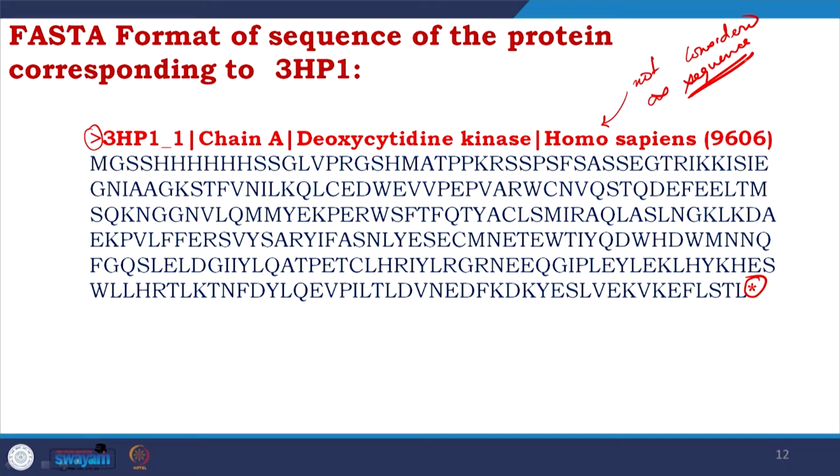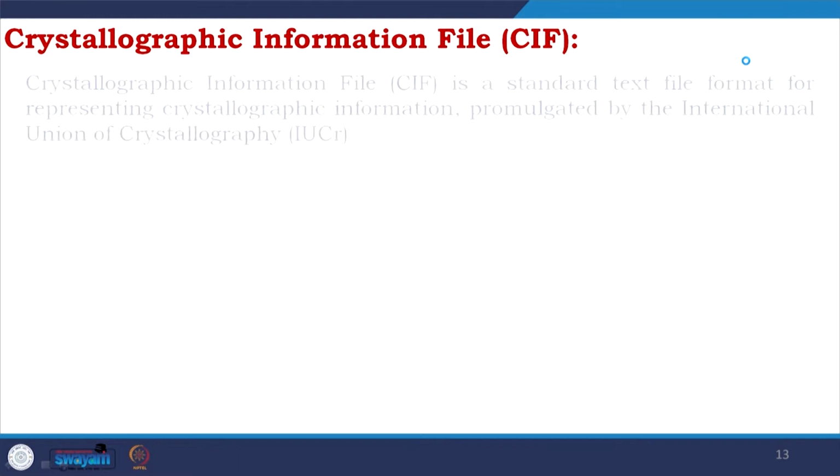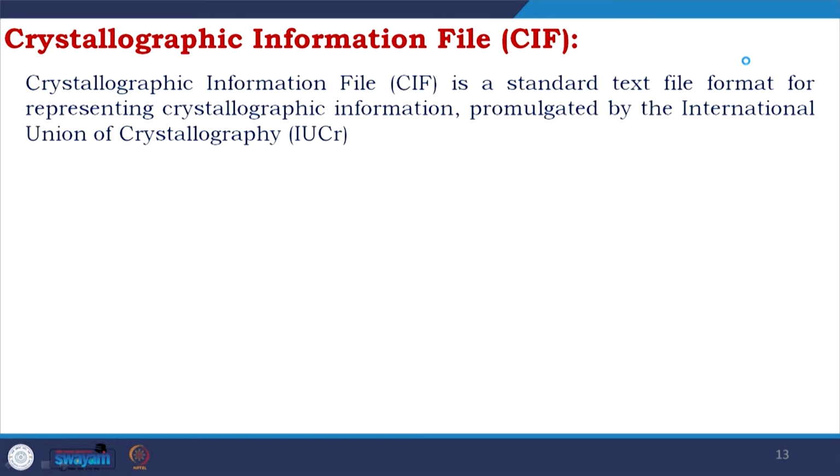You put greater than, you could write more things here. Next, the sequence is giving the amino acid sequence, M, G and all these things. So, M is for methionine, G is for glycine, and you get the entire sequence of the protein which is used for structure determination.